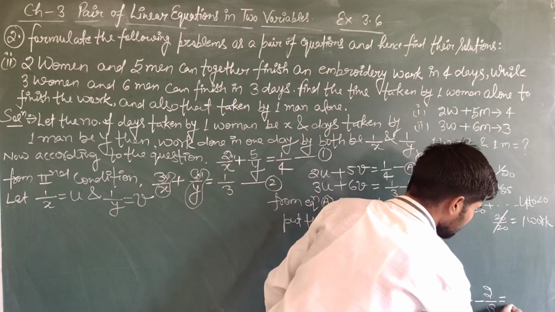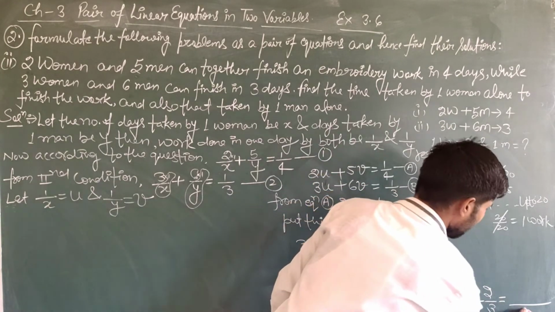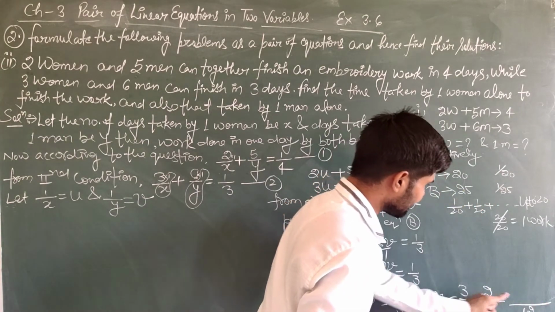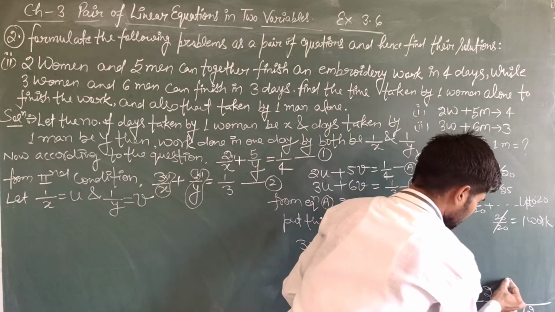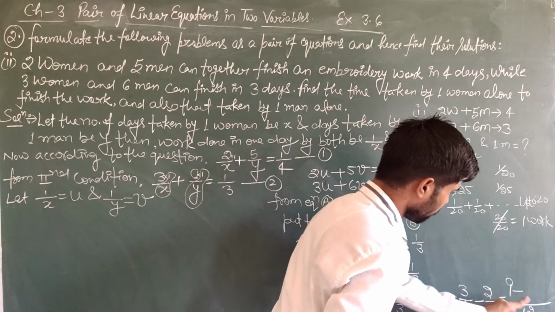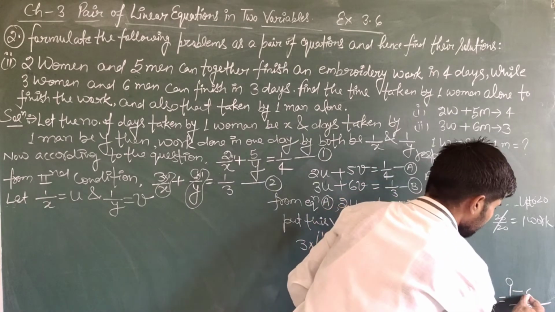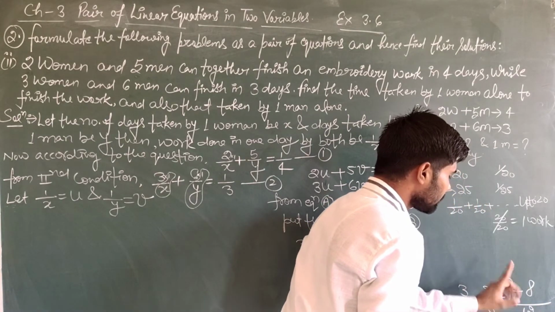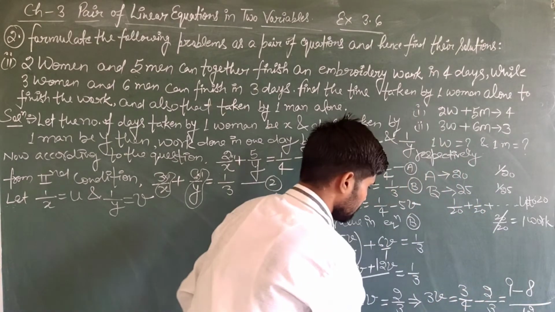We can take the LCM. LCM will be 12. 4 3s are 12, 3 3s are 9, minus 3 4s are 12, 4 2s are 8. 9 minus 8, this will be 1 upon 12.